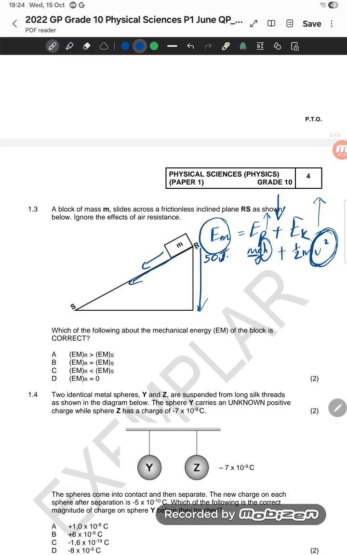But I'm looking at my speed on the way down, and what was my speed until I got there. So my mechanical energy at the end is equal to my mechanical energy at the beginning.